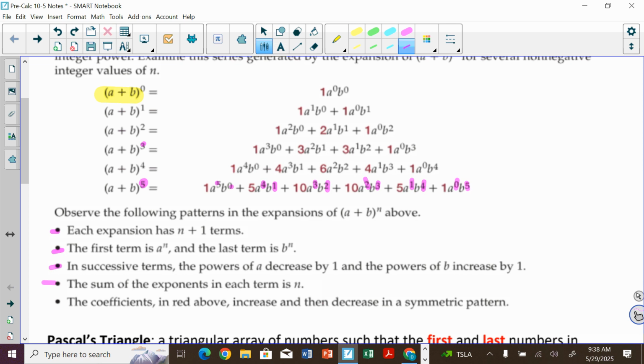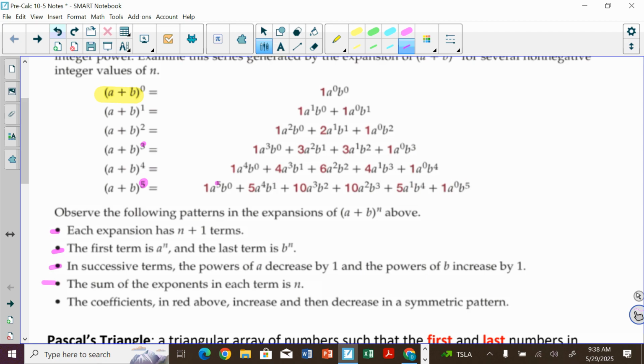So it has that pattern, and it'll always equal the 5 here, okay? Because the first term is going in descending order, 5, 4, 3, 2, 1, and the other term is going in ascending order, 0, 1, 2, 3, 4, 5, that's why we have that. Okay, so it makes that pattern.